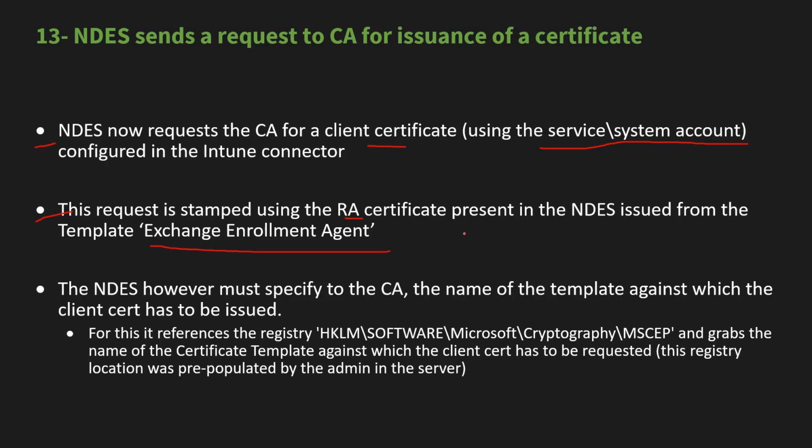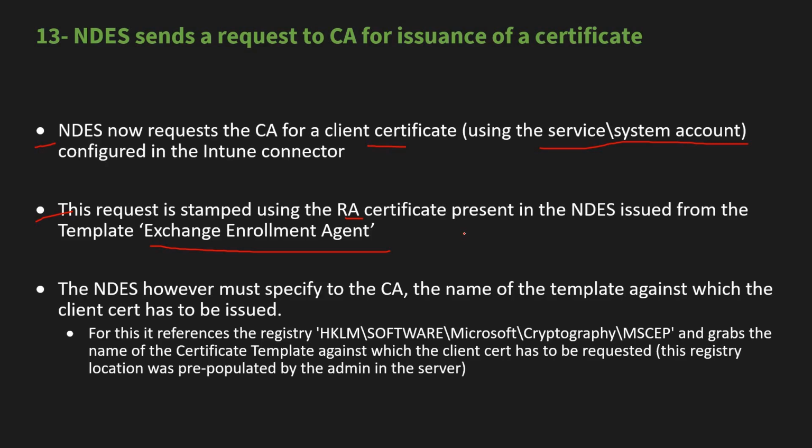So the NDES server has to specify that, you know what, I need a certificate for this user for whom the CSR has already been validated by the Intune service, and I need the certificate from this template. So that name of the template is specified by the NDES server when it reaches out to the CA.